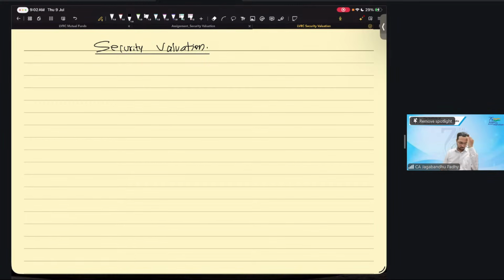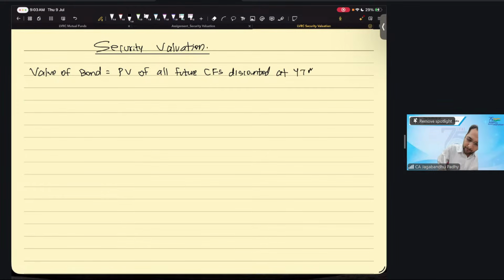So when it comes to bond valuation and bond risk measurement, there are certain terms which we need to know, and also we should be able to calculate. So first up, we know the value of bond. Value of bond is simply going to be the present value of all future cash flows, which is discounted at YTM.